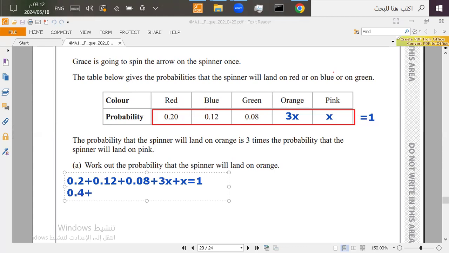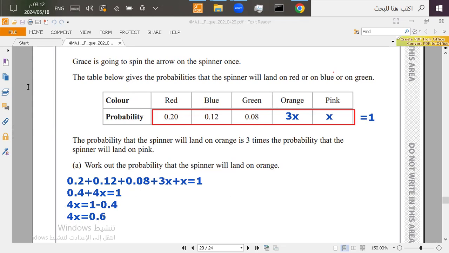And then 3x plus x is going to be 4x. And then when you add them together, they're going to be 1. Now we're going to take the 0.4 to the other side, so it's going to be minus 0.4. So 4x equals 1 minus 0.4, which is 0.6.